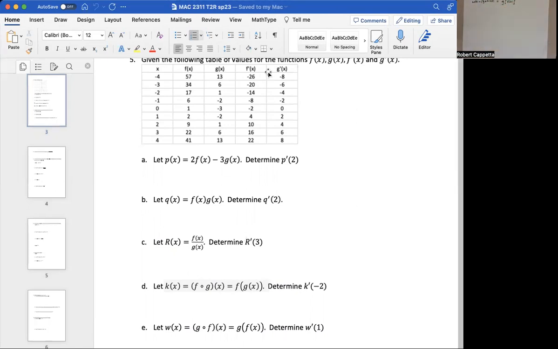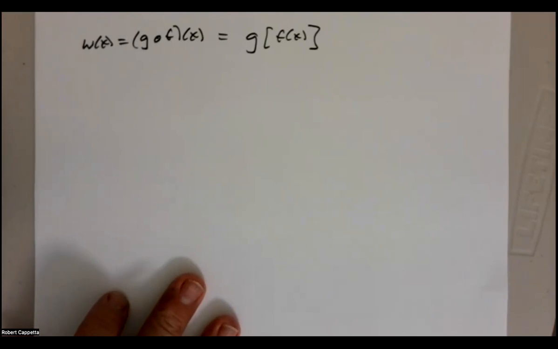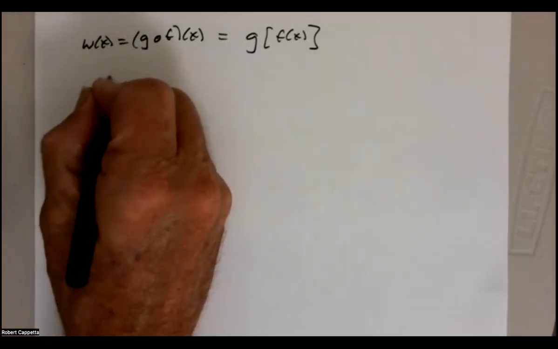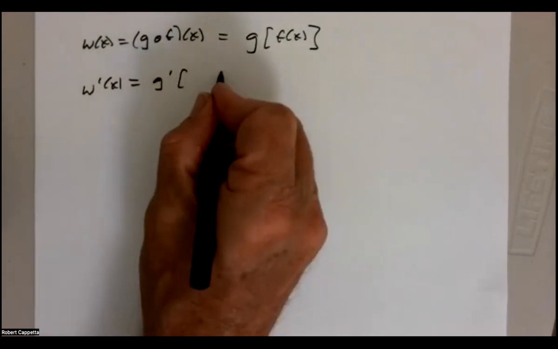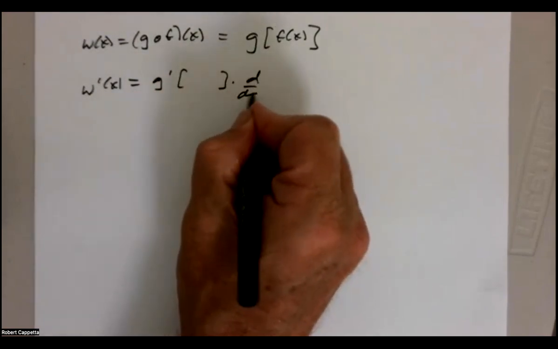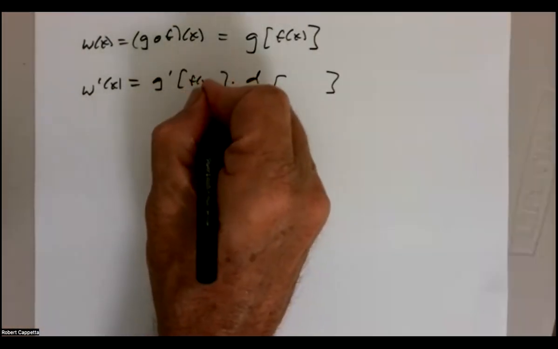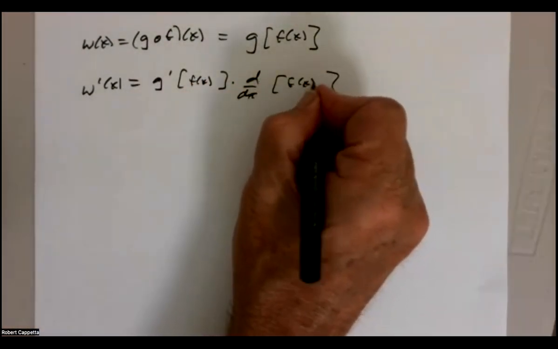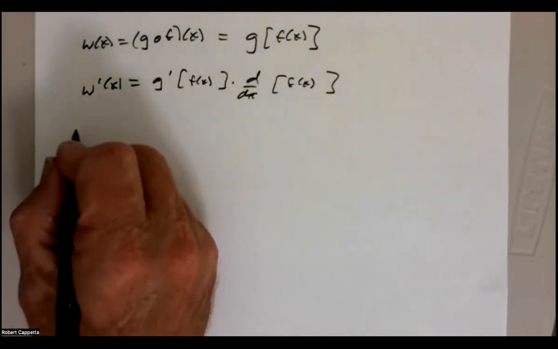Okay. Maybe I'll cut to the chase a little bit this time using a less formal version of the chain rule. So what is w prime? What's the derivative of g of something? G prime of something times the derivative of the something. So it's g prime of f of x times the derivative of f of x. That's typically where we want to be with the chain rule once we're done with this unit.